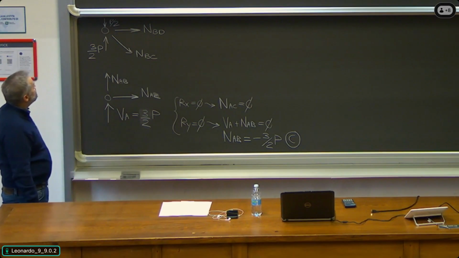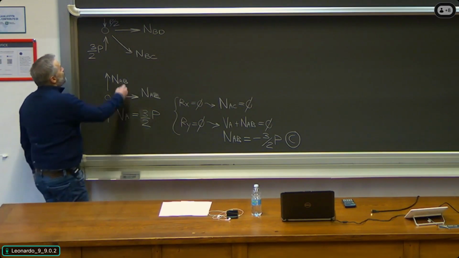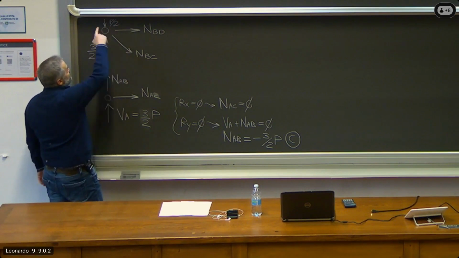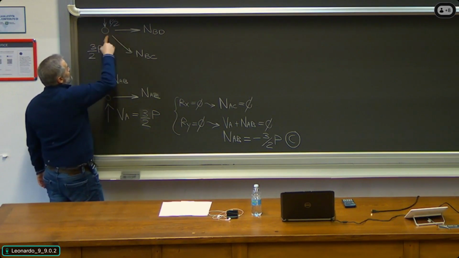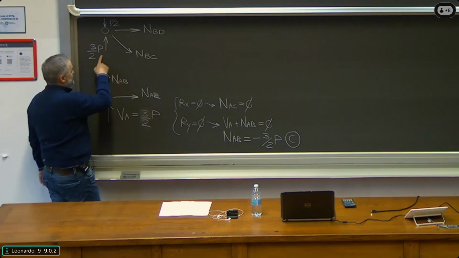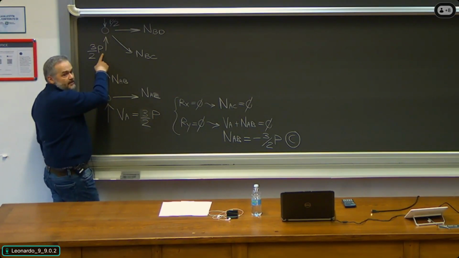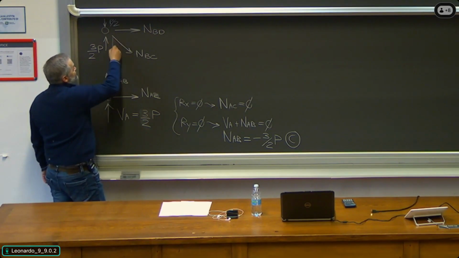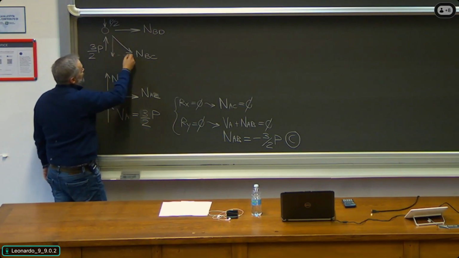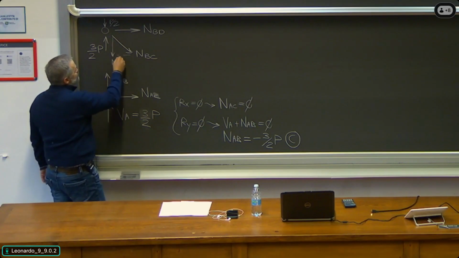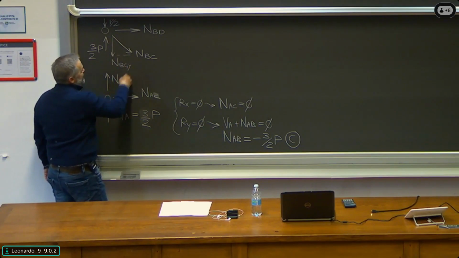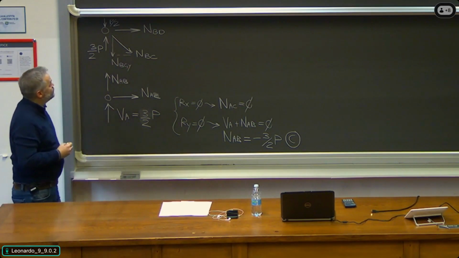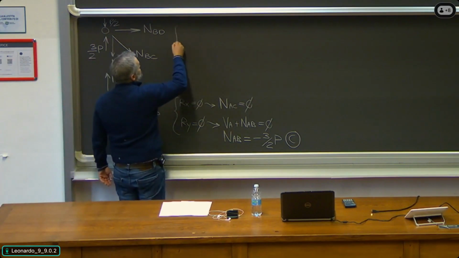What is the easiest equation to start off with? Well, in the vertical direction, we have two known forces, one which comes from AB and the load applied. And then we have the vertical component of NBC. So this would be NBCY. What equations can I write?